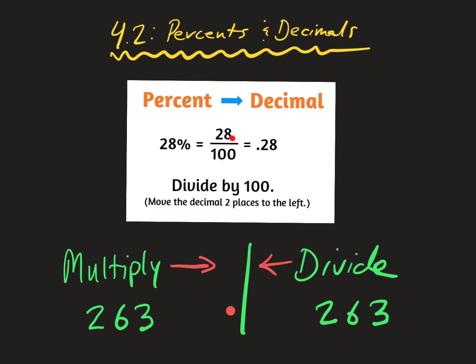28 over 100 is the same thing as dividing 28 by 100. The number 28 has this invisible decimal place that we don't usually write, right? This 28.0, we don't usually write because we just assume that 28 means the same thing. So why write all that extra information?